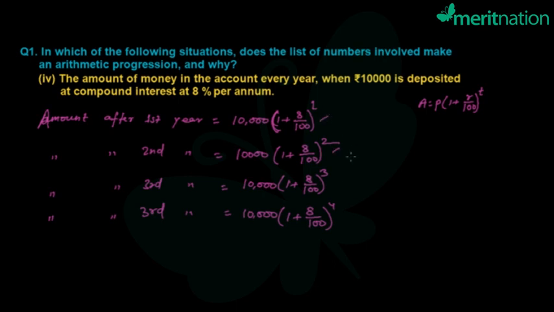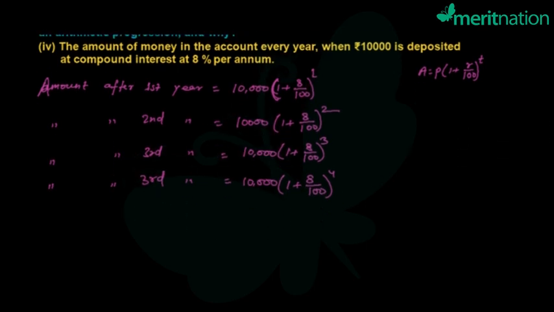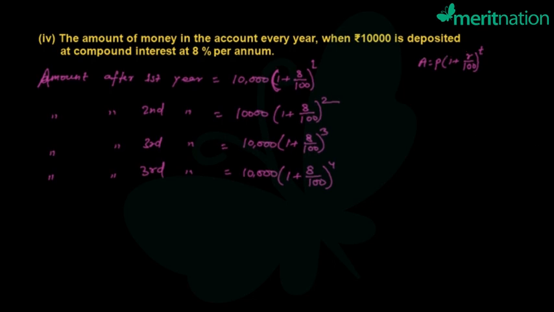Okay, so we have collected 4 terms, the amounts after 4 consecutive years. So how can we check if they are forming an AP? Just by taking the difference. We see that every time it is multiplying with the same number. If we multiply the first one with 1 plus 8 by 100, we get the second one.